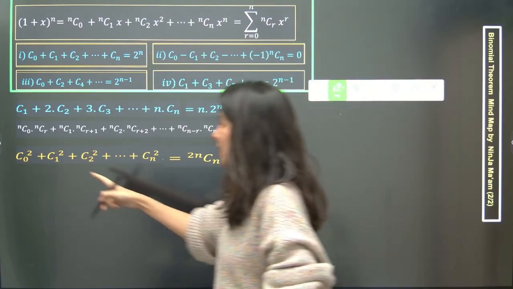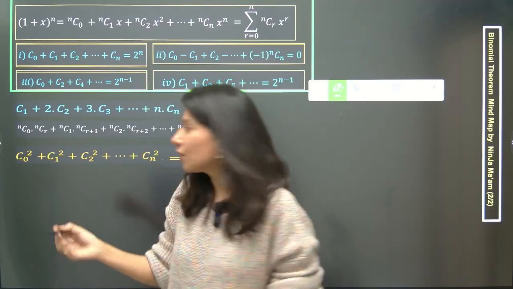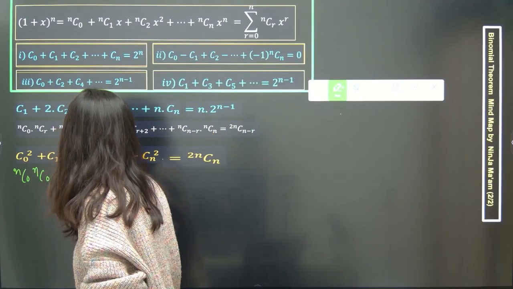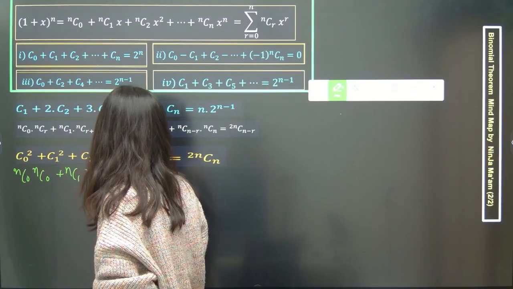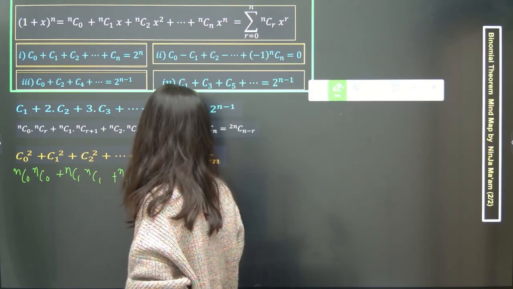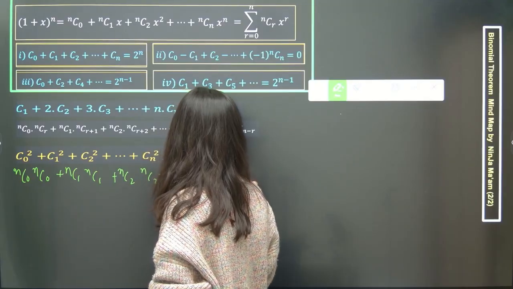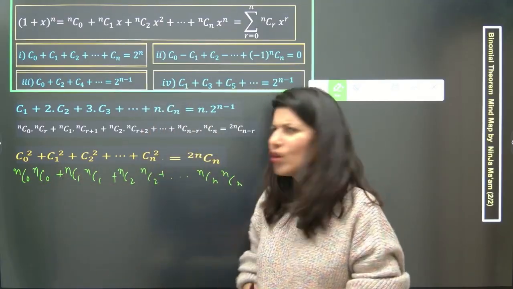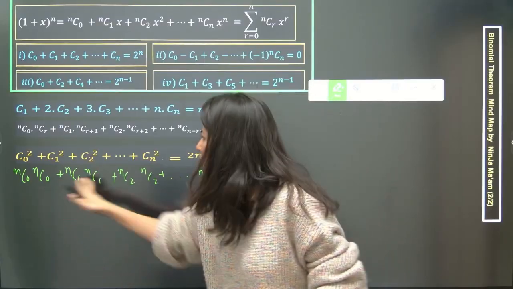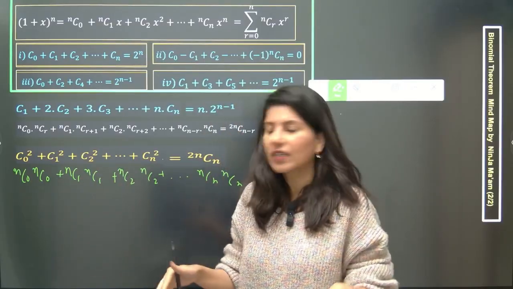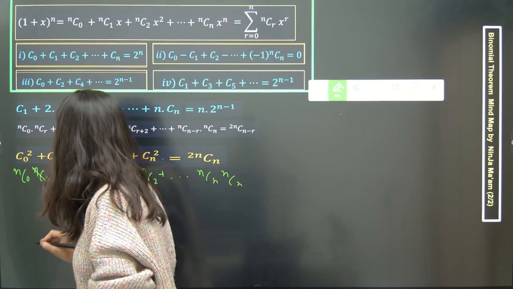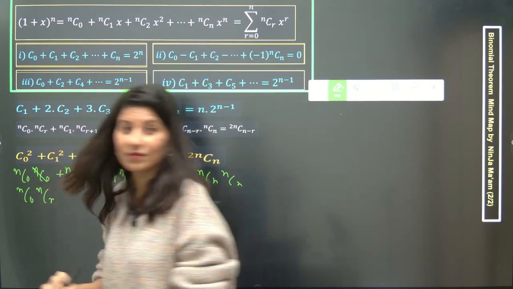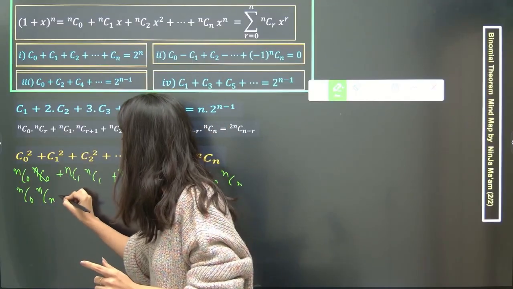C0 square is actually product of nC0 nC0, nC1 nC1, nC2 nC2, correct? nCn nCn. This time the sum of upper index is 2n, correct, ma'am? But the sum of lower index again is not constant. This is 0, then 2, then 4, not working out. Okay. So what you have to do is this nC0 is going to become nCn. Remember the property, the second index you have to change.